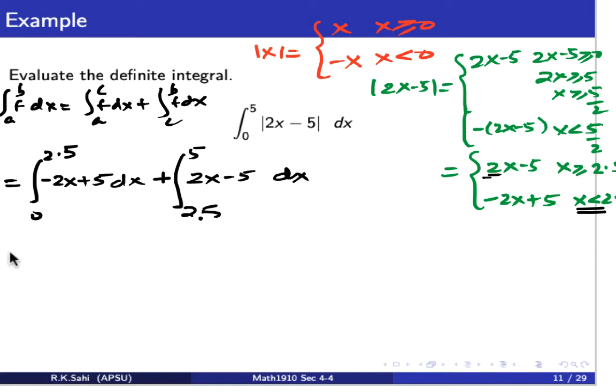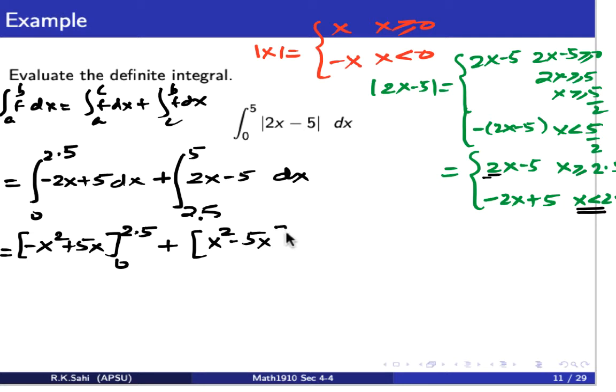First, we look at the first one. This one is minus 2x squared over 2, which I'm simply going to write as minus x squared plus 5x, and we are going to go from 0 to 2.5. Now this one is going to be plus the entire antiderivative, x squared minus 5x, from 2.5 to 5.